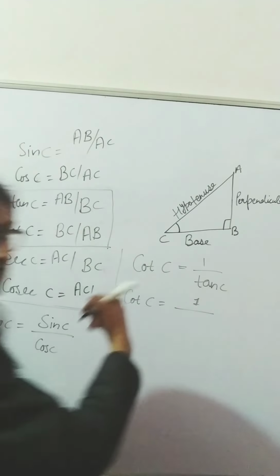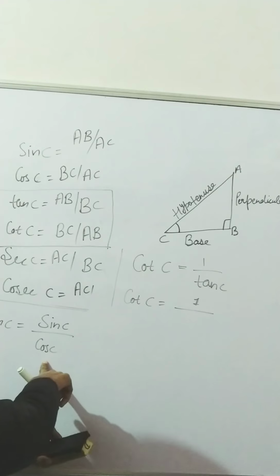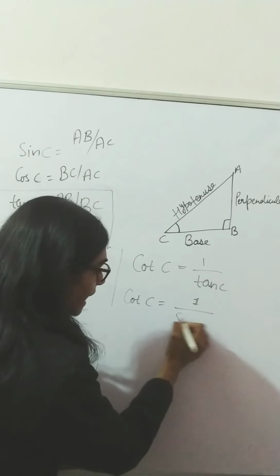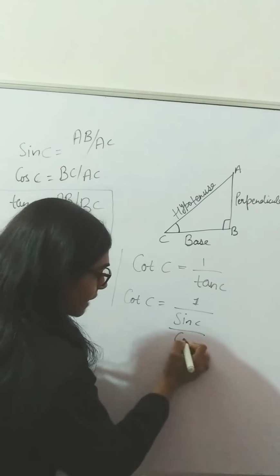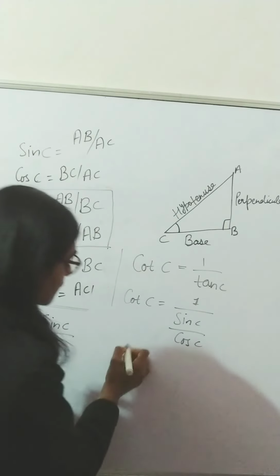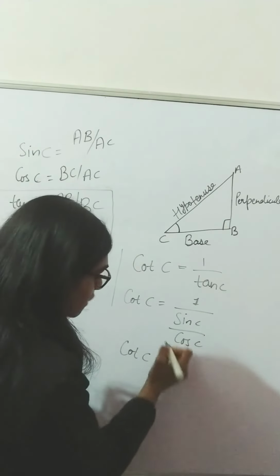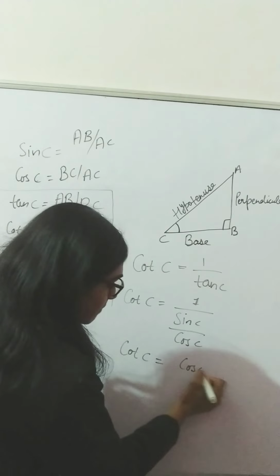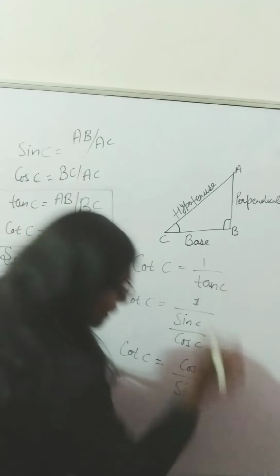We can replace tangent C by sin C divided by cos C. So we can write 1 divided by sin C divided by cos C. As we solve these terms, we get cos C as the numerator and sin C as the denominator.